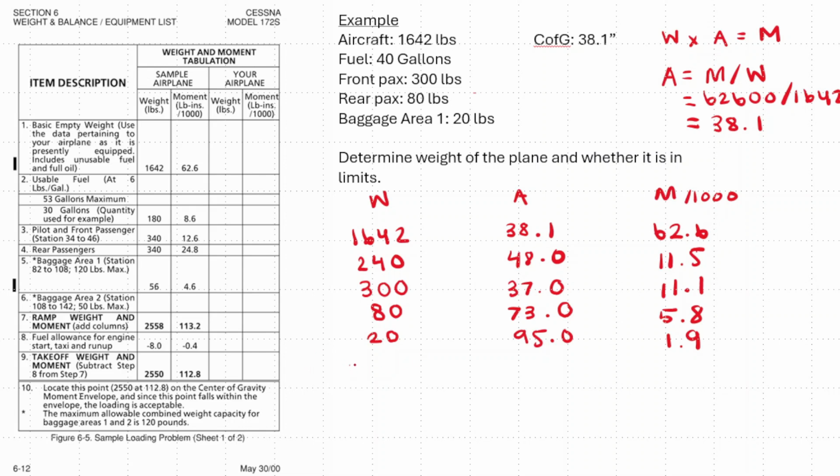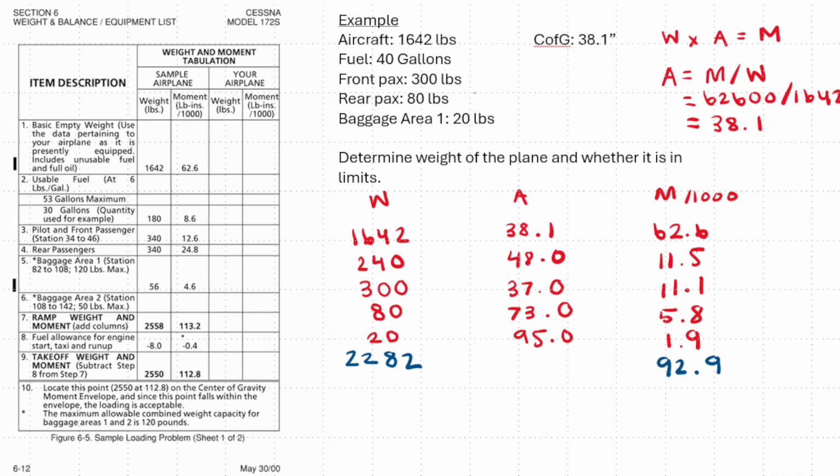So let's calculate that really quickly. When I add up all these numbers, I get 2,282. And then you don't add up the arms here, because those are just set numbers, right? But you do add up the moment because this is something you calculated. So here we are going to get 92.9.